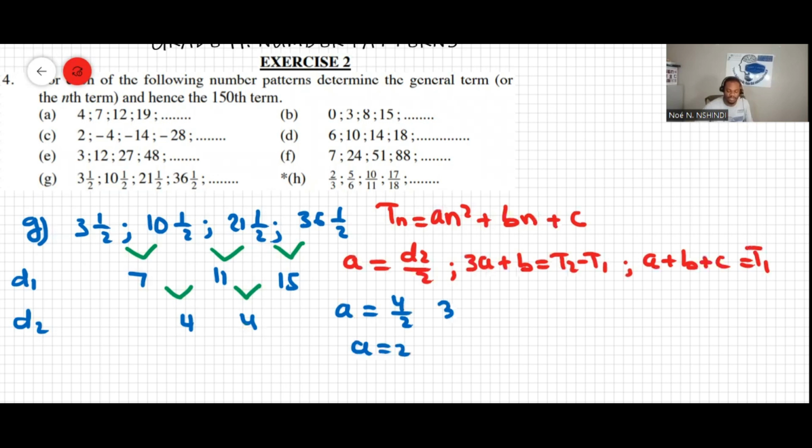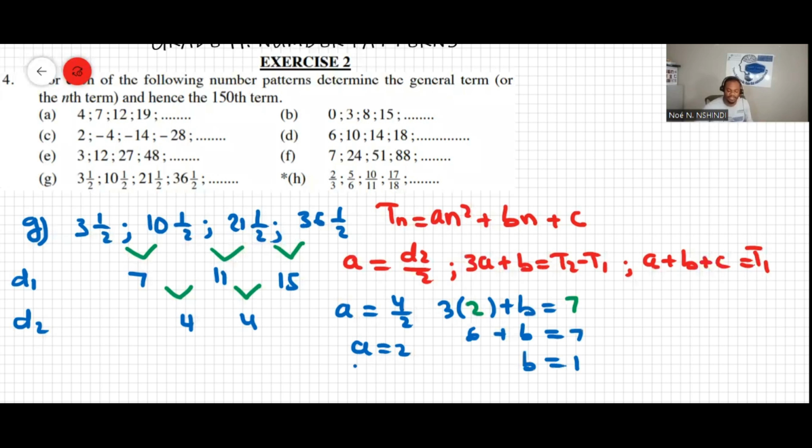And then 3a plus b equals what? We found that a is 2, and t2 minus t1 makes 7. So that makes 6 plus b equals 7. If I minus 6 on both sides, I have b equal to 1.